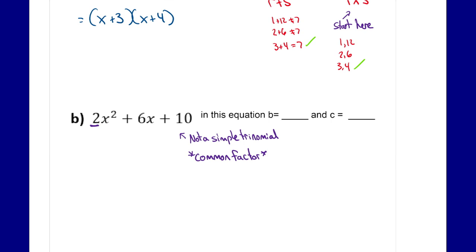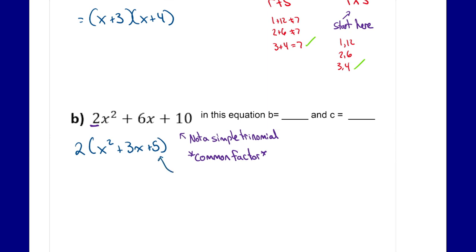I'm going to look at the coefficients first, and I can see that I can take a 2 out of every term, or 2 can be divided into every term. 2 is my greatest common factor. I can't take an x out because this last term does not have an x on it. So I can only take out a 2, and I'm left with x squared plus 3x plus 5.